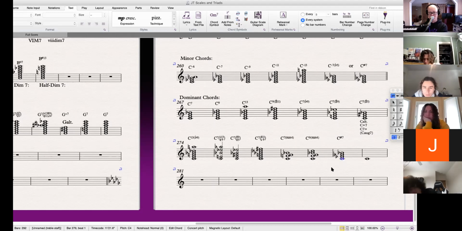Let me build one more in a different key so that you can see that a little better. Let me do a little progression here.